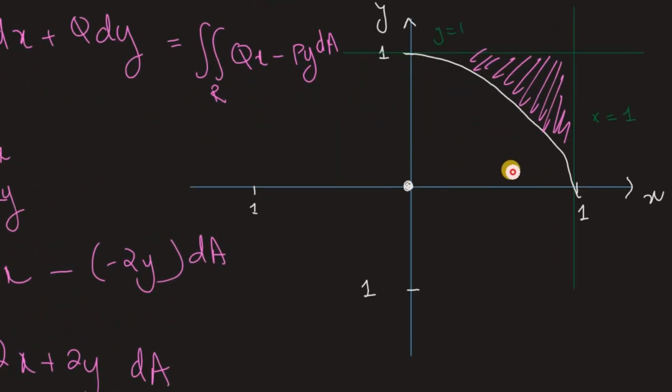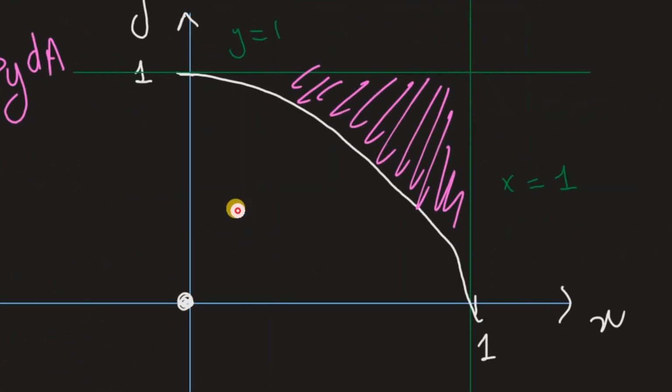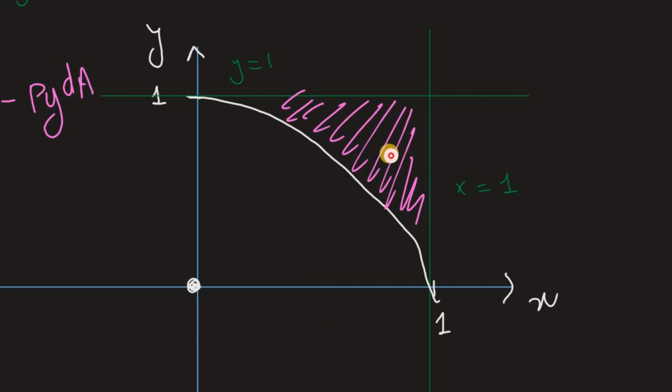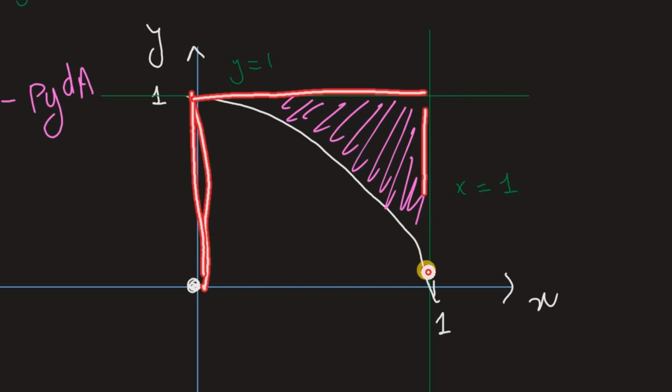So our simple way here is to split this question into two parts, region 1 and region 2. Our first region is gonna be the rectangular region that you see over here.